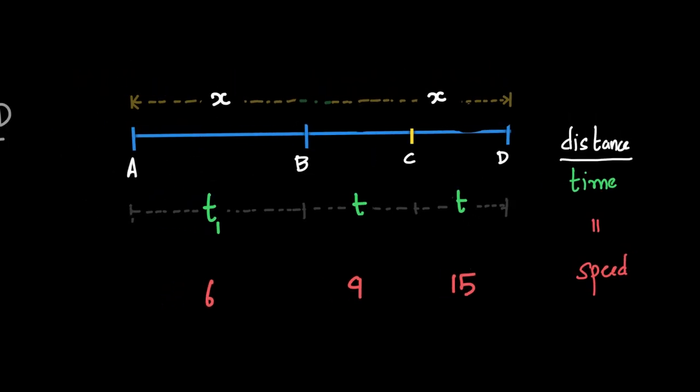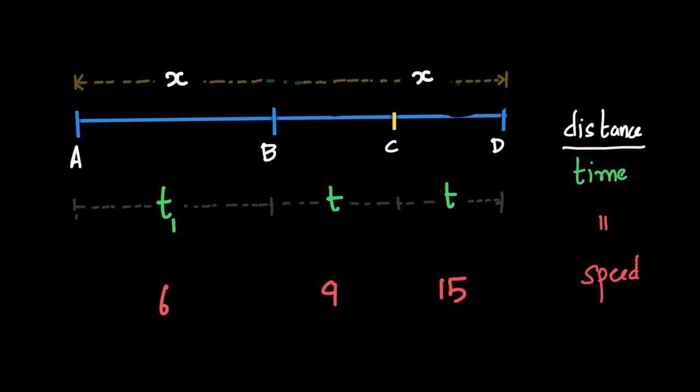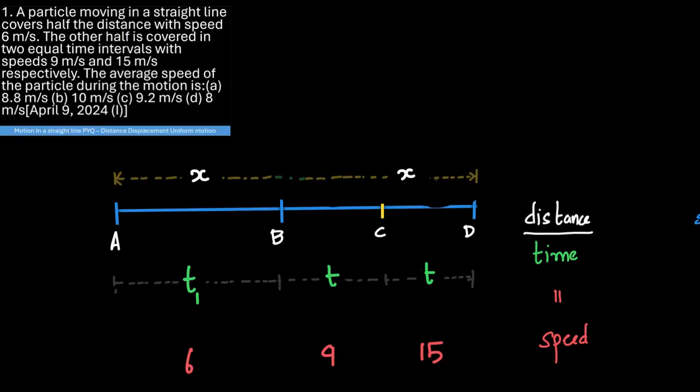Why t and t? Give me a second, let me bring the question here. Because the question says that the other half is covered in two equal time intervals. So we have two equal time intervals, which also could mean directly that this complete distance is covered in time 2t. So that's what I have taken for convenience of calculation.